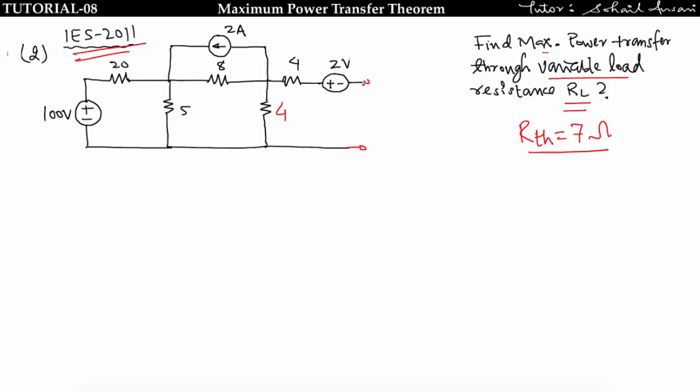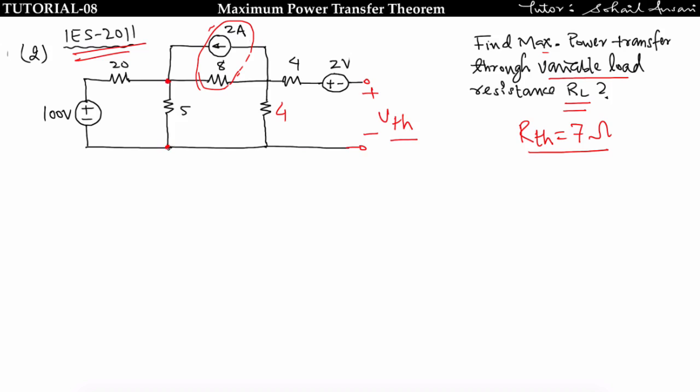Okay, now find VTH across this terminal. Here 3 independent sources are present and we have to find the VTH across this. How will I find it? See, we will use the source transformation method and the circuit reduction method both. This practical current source can be transformed into a voltage source, and now we will use the circuit reduction technique.